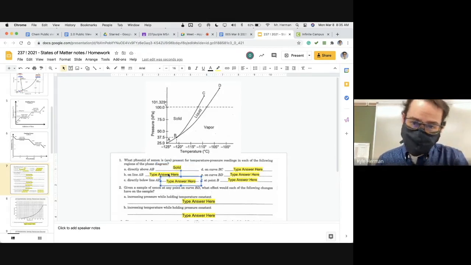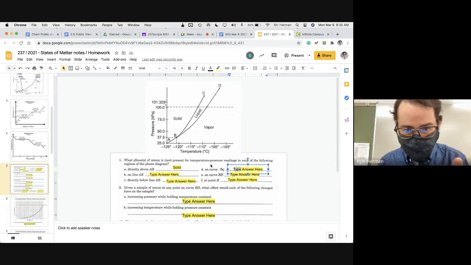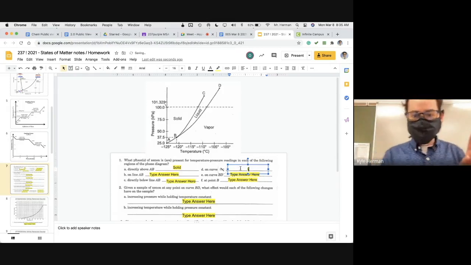Below, you would obviously just kind of check and see what's below. But what about on them? So if it's on curve BC, so that's B and C, and we're looking for the phases, right? So it says, what phases of xenon? So if it's on the line, you would have to say both.